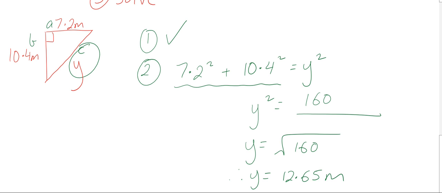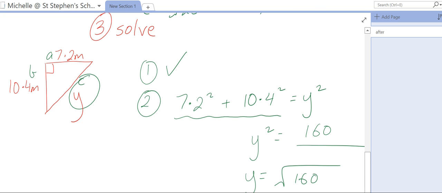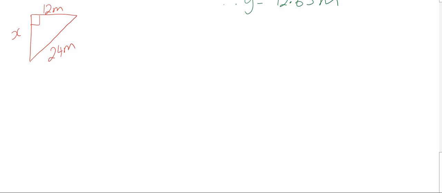Okay, the next two examples are going to look at finding a shorter side. So if we're given a triangle where we actually know the hypotenuse now, so we've got this triangle here, and this is 24 meters, so we're given the hypotenuse, this is 12 meters, and we're solving for x.